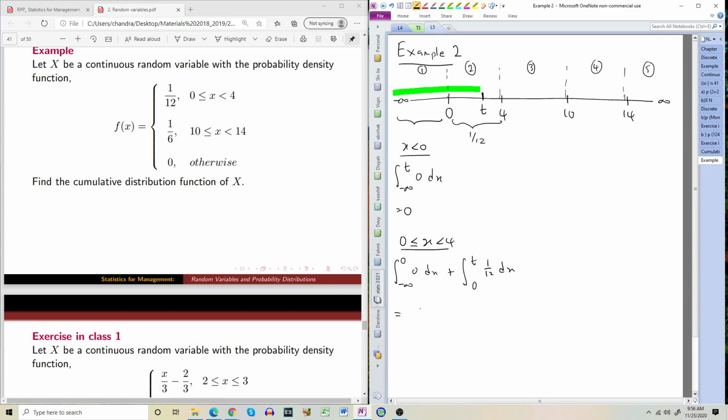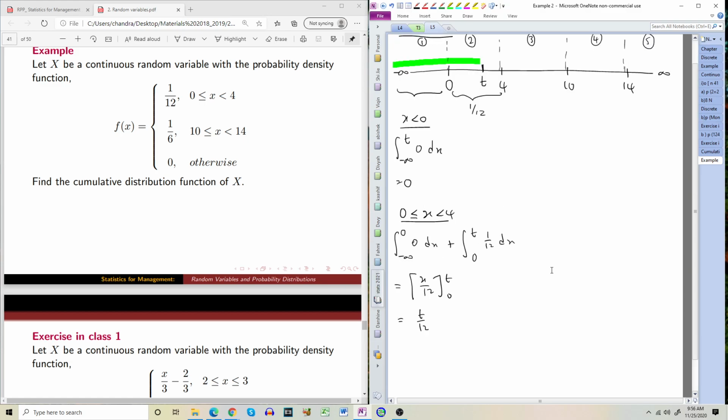If you do this, the part with 0 is automatically 0. If you do this, you get this, and this is t/12. This is done.